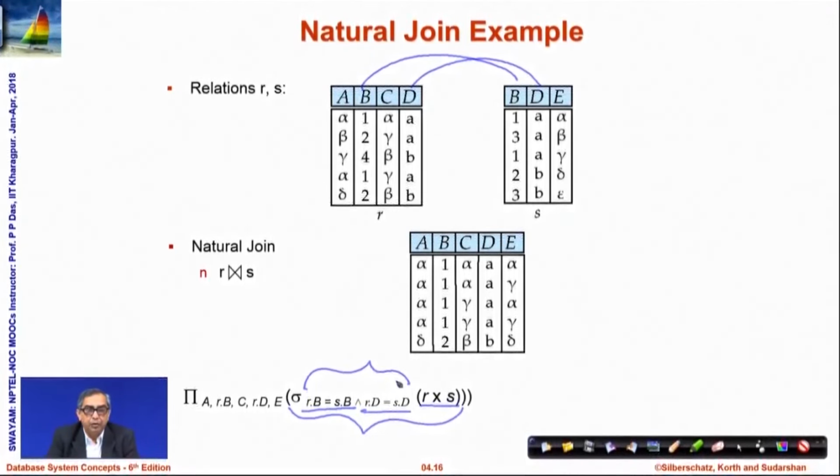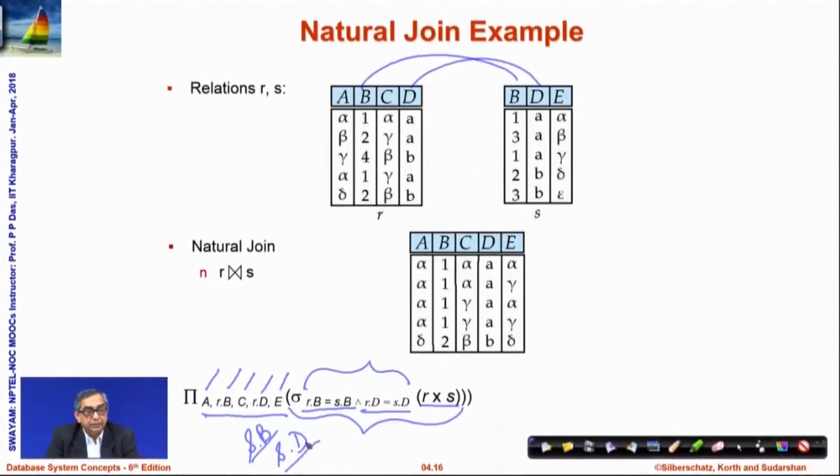So, there is no reason to keep two B columns or two D columns. So, now you project on A, R dot B, C, R dot D and E, which means that S dot B and S dot D are left out.